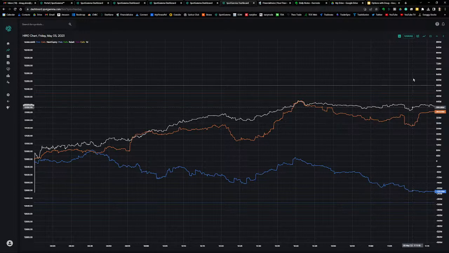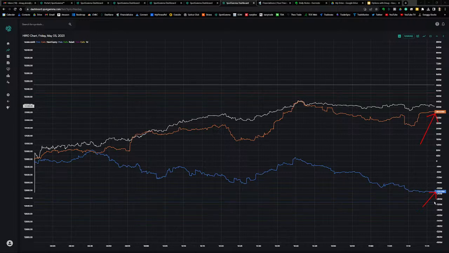And I'm looking at the total signal for the day. So it helps to zoom into the portion of the chart that you want to look at. So here for NASDAQ, call buyers were winning, positive 384 million versus minus 225 million.